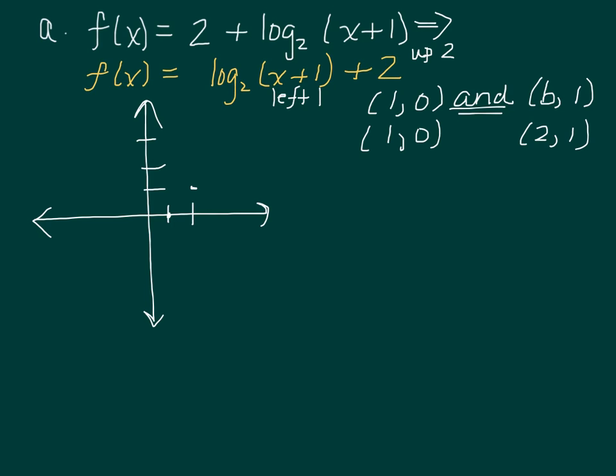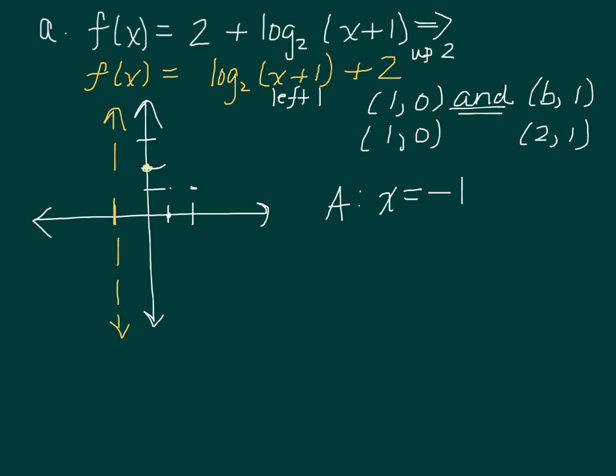And notice now, our asymptote is going to be X equals negative 1. That's why we're moving everything left 1. So at negative 1, you're going to have a vertical asymptote. So I'm going to take these points that I plotted, and I'm going to go left 1, up 2.